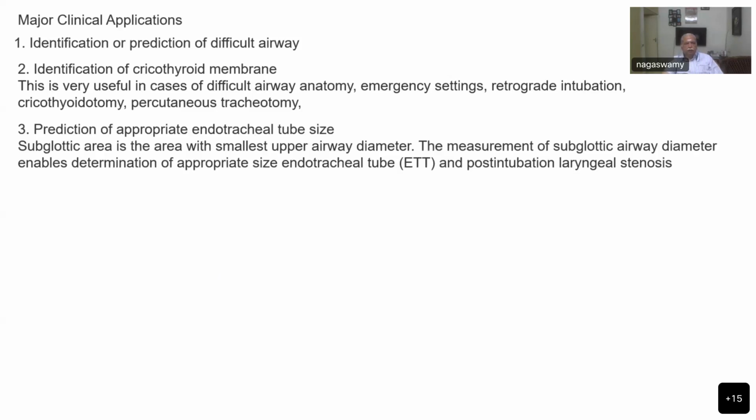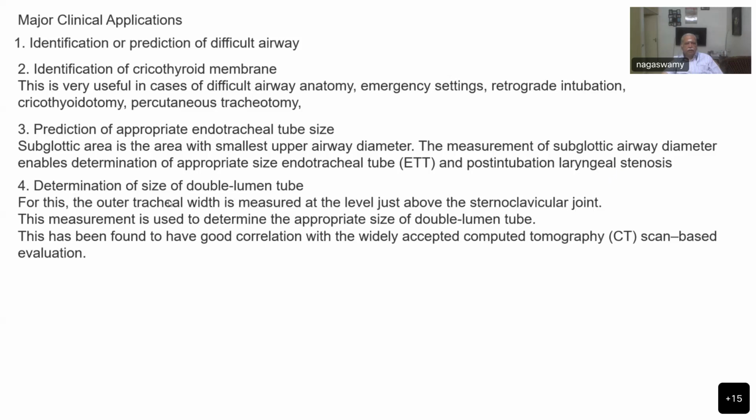The prediction of appropriate endotracheal tube size can also be done by measuring the subglottic area, which is the smallest upper airway diameter. The measurement of subglottic airway diameter enables determination of the appropriate size of endotracheal tube and the possibility of post-intubation laryngeal stenosis also.